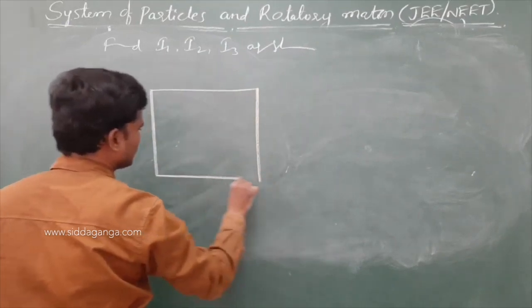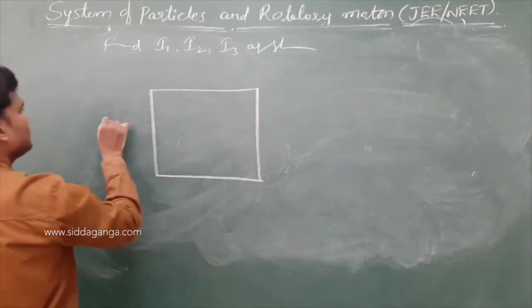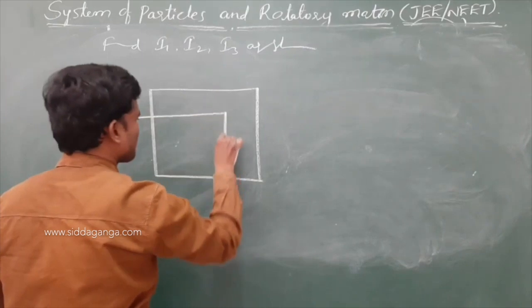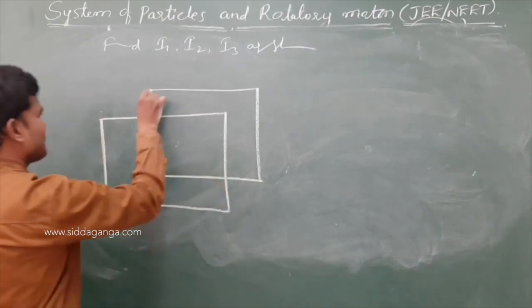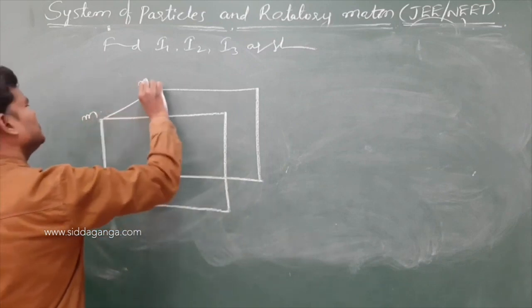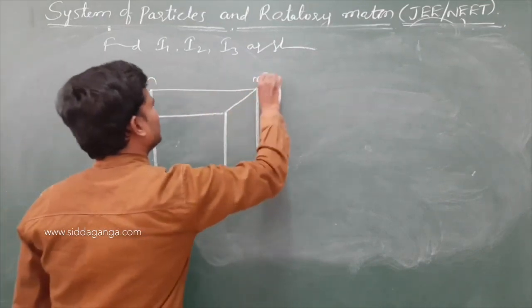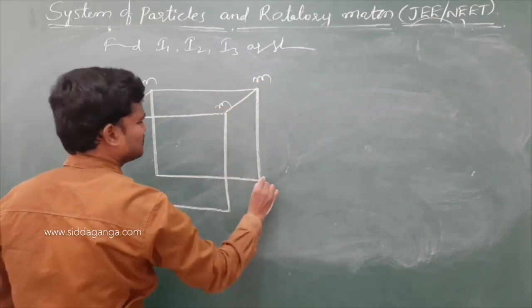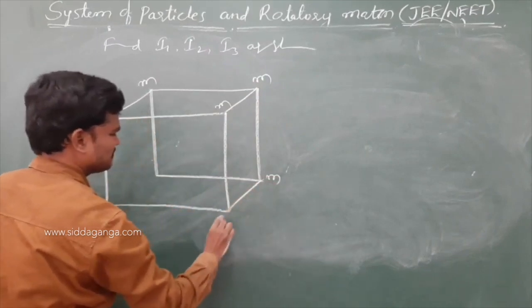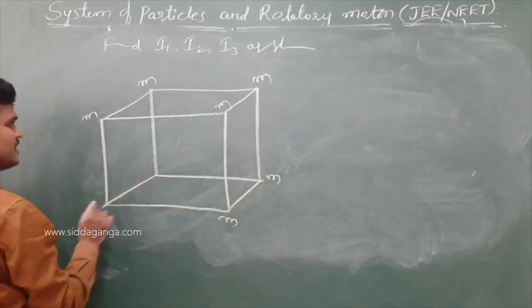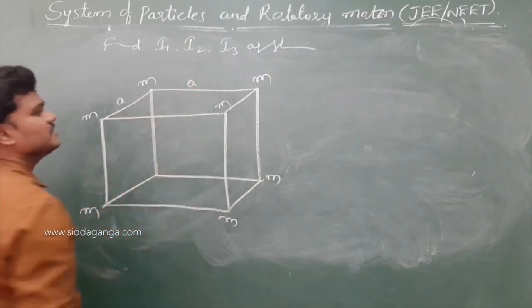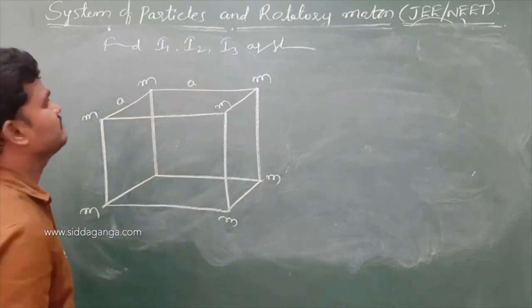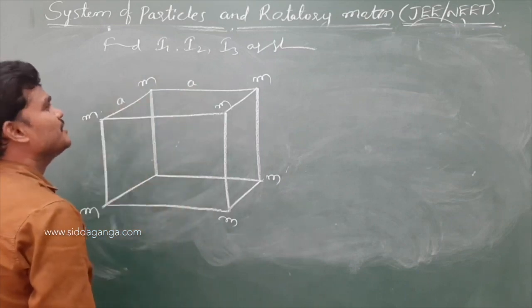So imagine correctly for this. So this is M, this is M, M, M. All sides are same. Diagram is looking different, but all sides are same. Now the question: they are asking what is I1, I2, I3.